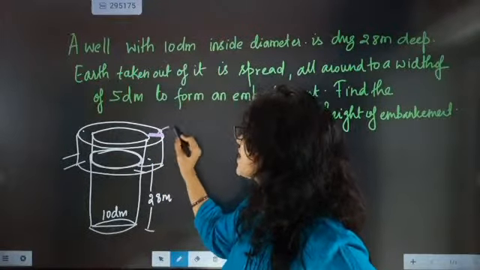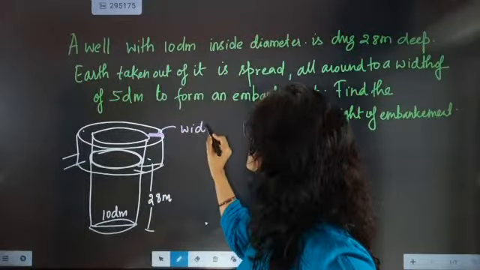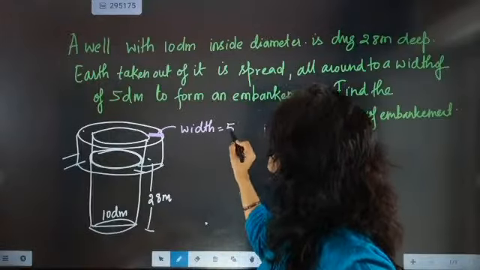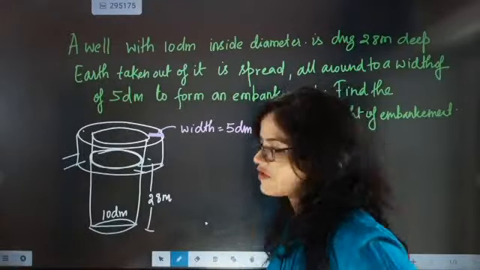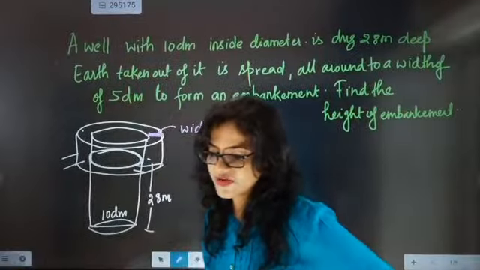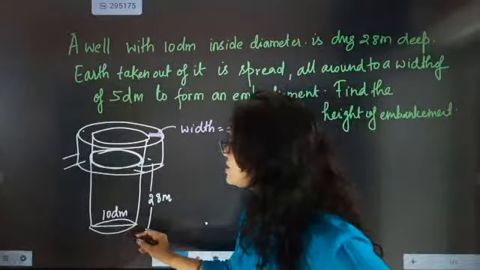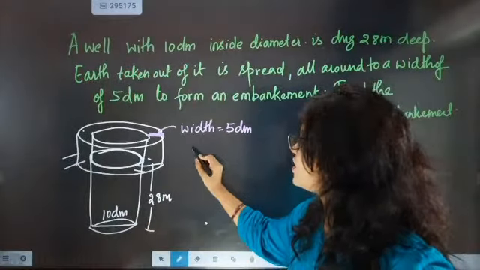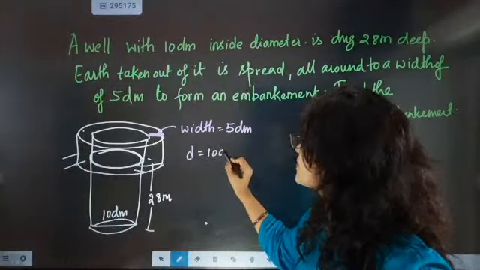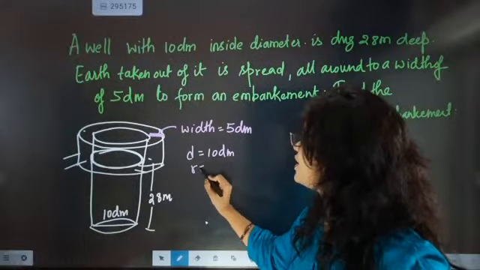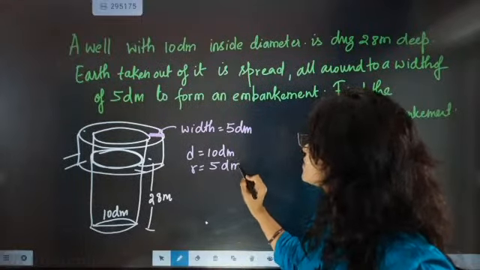This width is given as 5 dm. So width is exactly given to you as how much? 5 dm. Now that means inner diameter is 10 dm, so the small radius will be 5 dm.